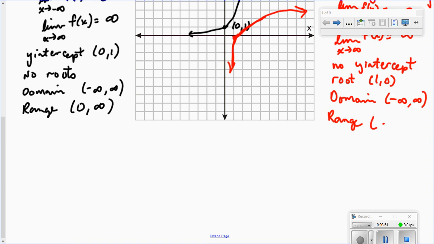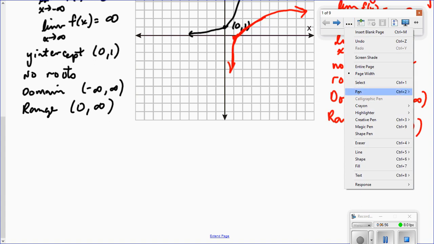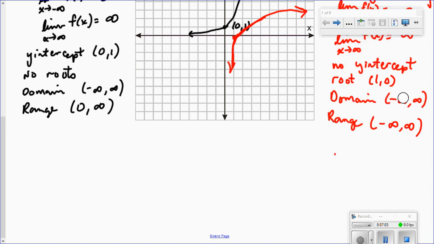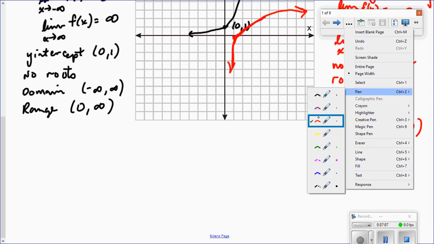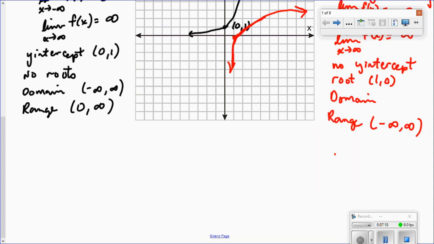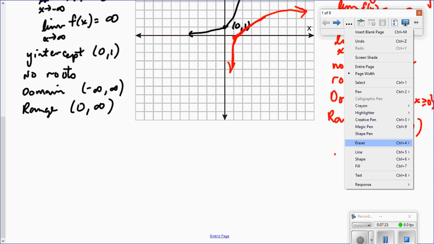I should have said this is my range, and my domain is just slightly different here. So it's x is greater than or equal to 0. Not greater than 0. Apologies.